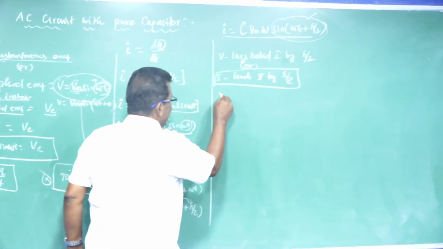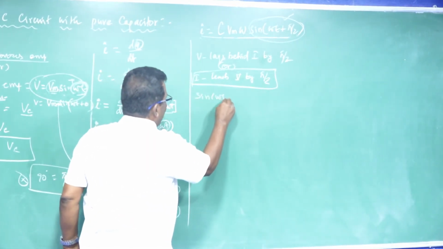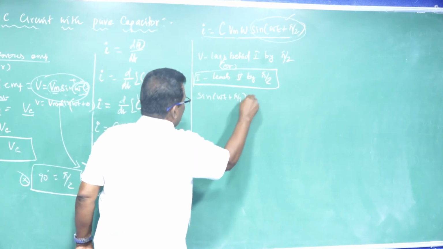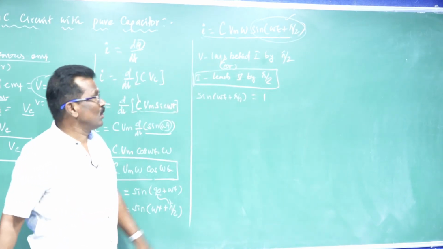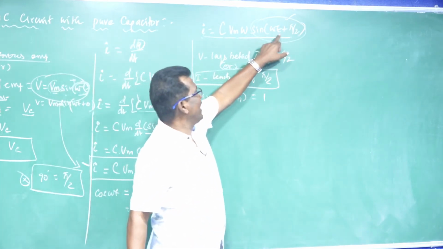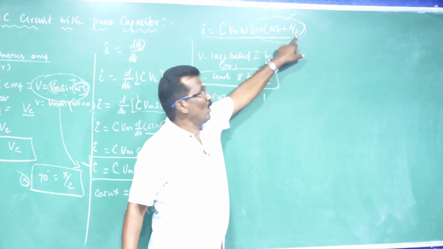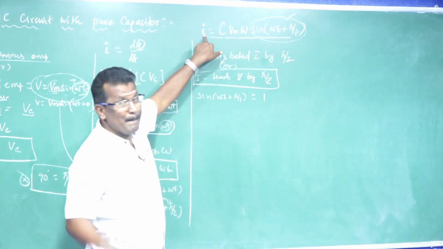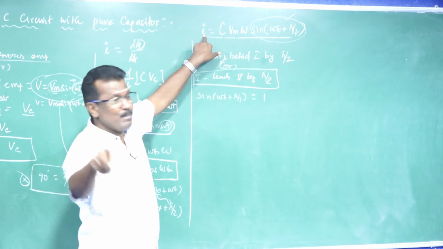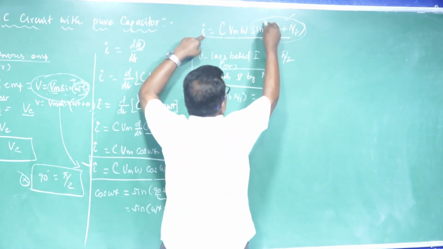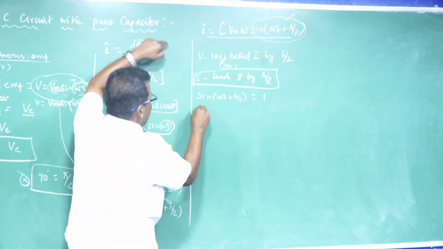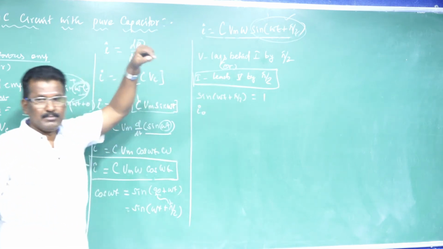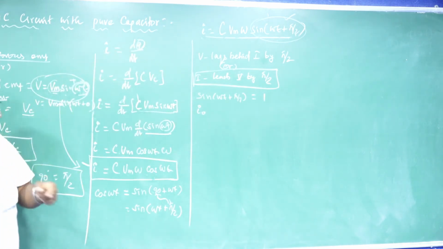When sin omega t plus pi by 2 is equal to 1, I is equal to maximum. If I is maximum, sin omega t plus pi by 2 is 1. So I becomes I naught or Im.